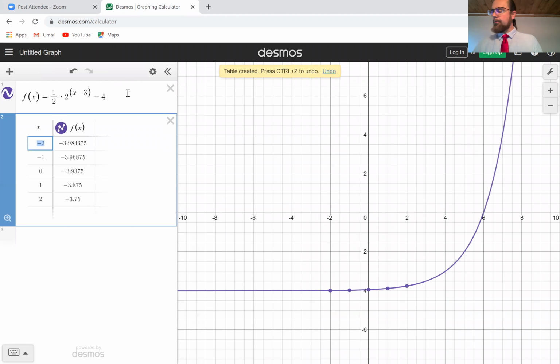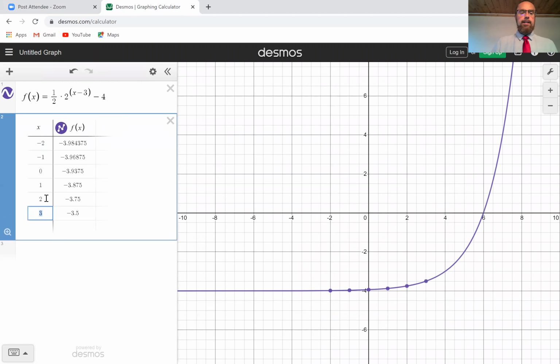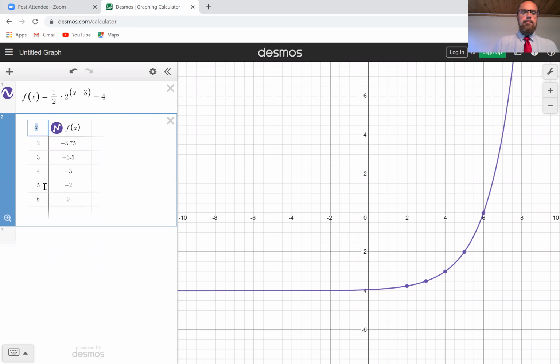So I want a table, but I need to respond to the fact that this graph has been shifted to the right 3. So I want to zoom forward. In fact, we'll go all the way to 6. And I don't want to take all those points. In fact, I'm going to start with positive 2. So I'm just going to modify my domain there so that I see 2 through 6.